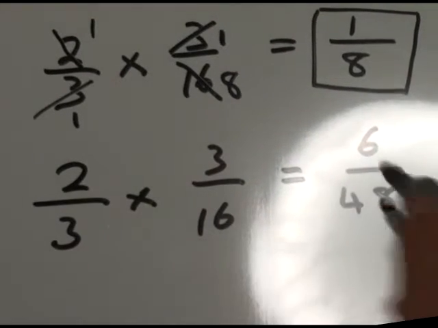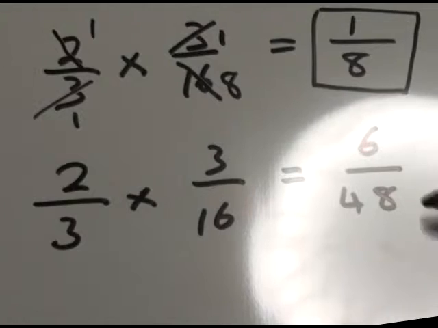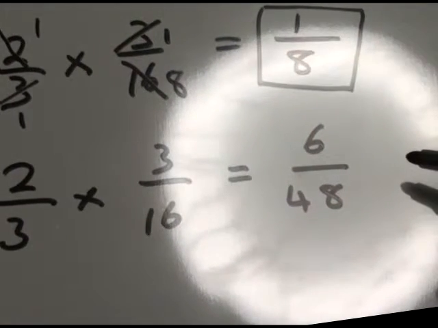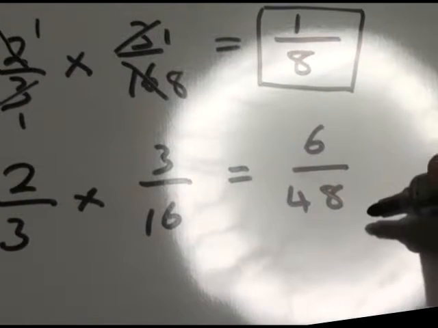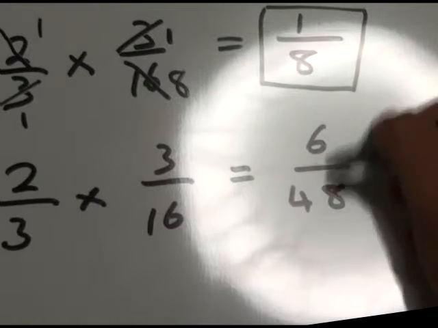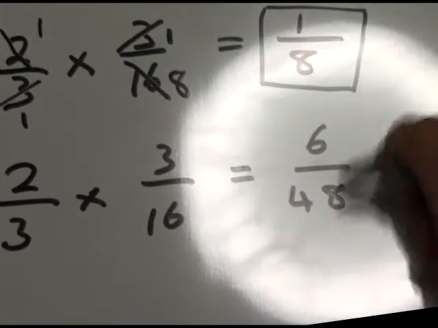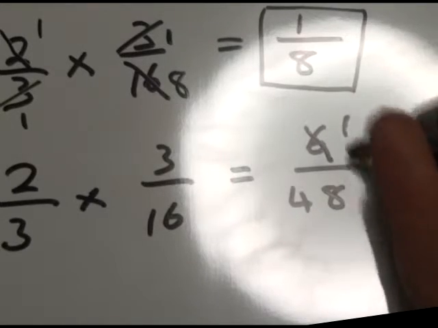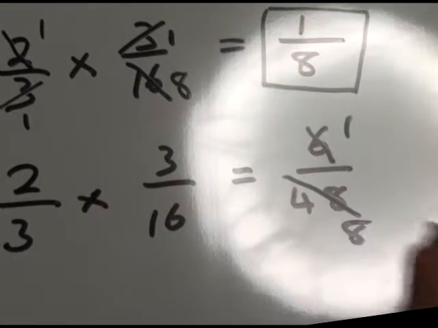So now we've finished the multiplication. This is our answer. We're looking for numbers to simplify. And unless you know your multiplication tables really well, you might have to put that in the calculator and work it out. Or you have a go at doing it first, 2 into 6 and then 2 into 48, and do it twice. Whereas we know that 6 into 6 goes once, 6 into 48 goes 8 times.